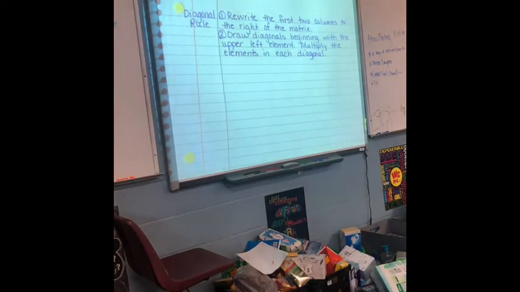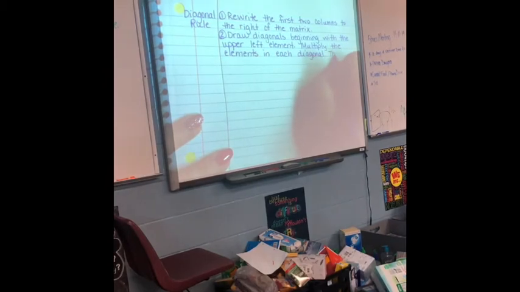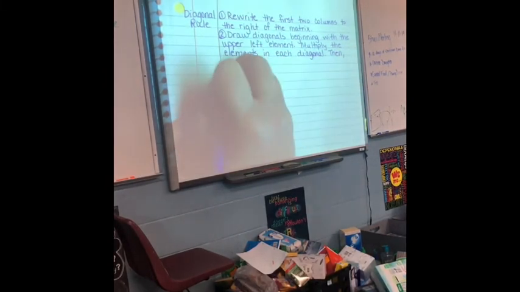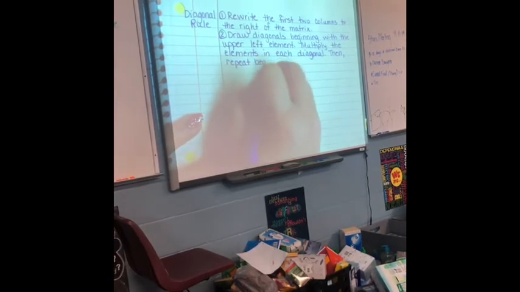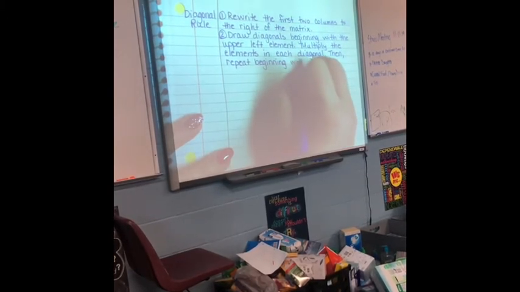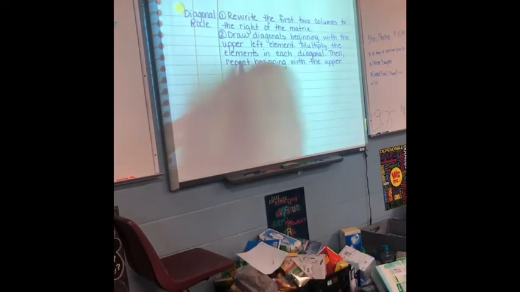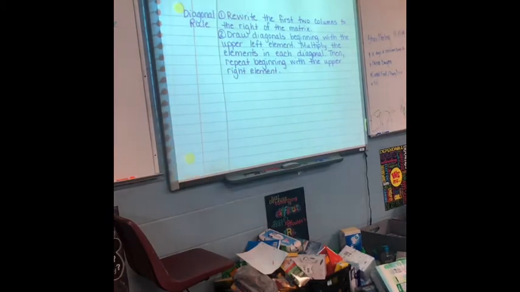And you're going to repeat this process the second time, starting with the upper right element. Step two is really multiple steps in one. It's kind of the meat of the diagonal rule.